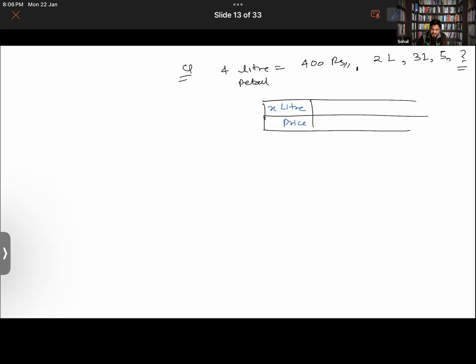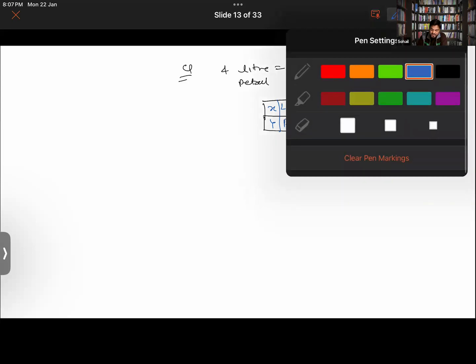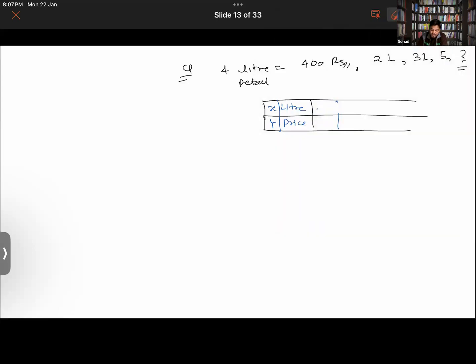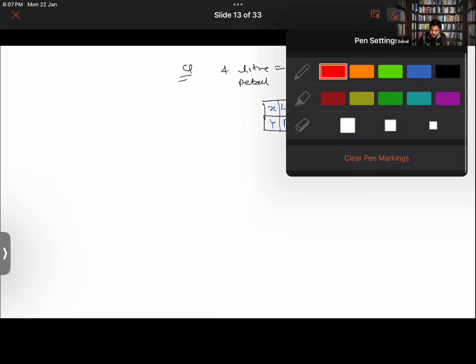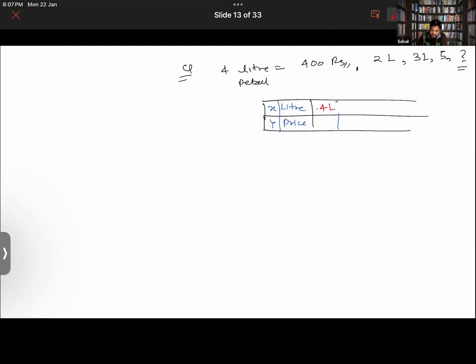Take it to be x and this one is y. So first of all write कि 4 liter हमारे पास given है, and the price is 400 rupees. Okay now. So 4 liter and 400 rupees is given over here, right? Further also write कि 2 liter के लिए हमें find करना है what is the price for 3 liter and for 5 liter namely. Okay ना?